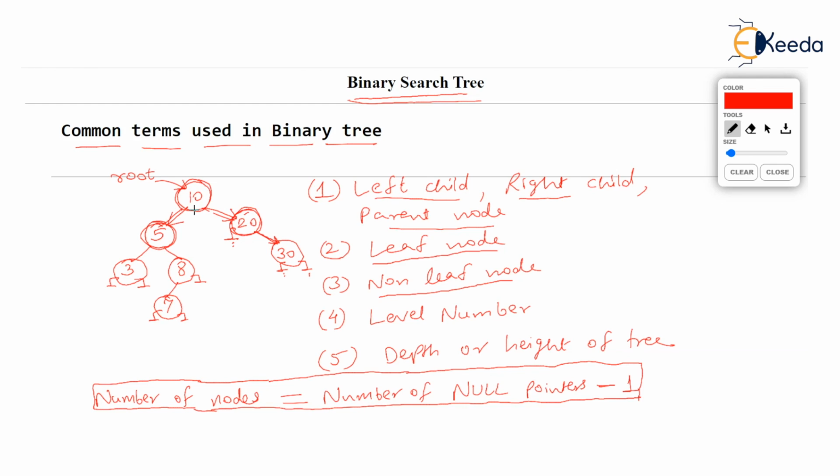Actually, it is having both children, left and right. So 10 definitely is a non-leaf node. Similarly, 5 is a non-leaf node and 8 is a non-leaf node because 8 is having a left child, although it is not having a right child. Many authors call these non-leaf nodes internal nodes. So 10, 5, 20, and 8 are also called internal nodes of the binary tree.